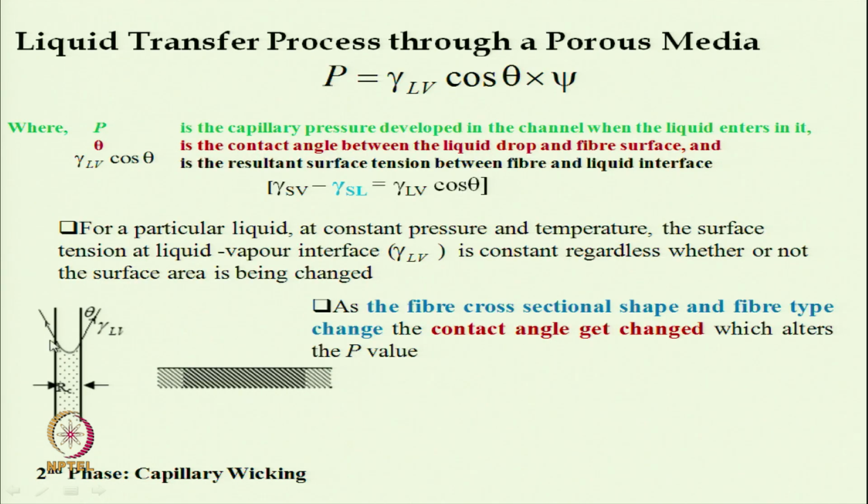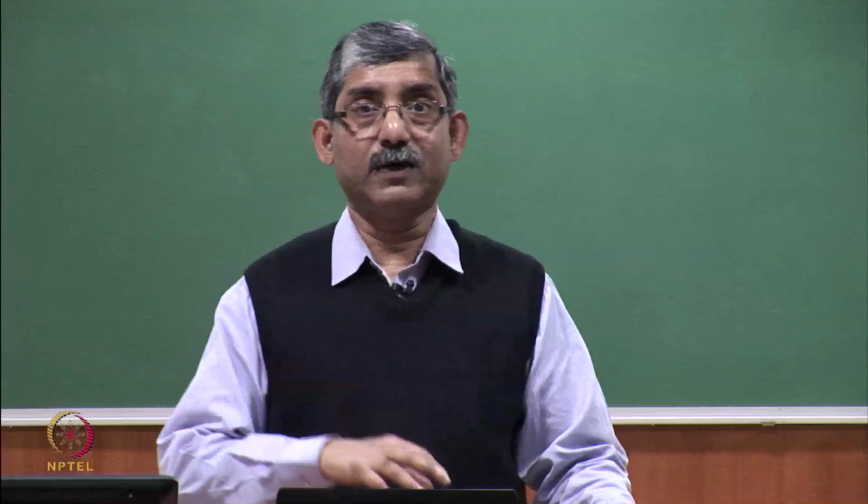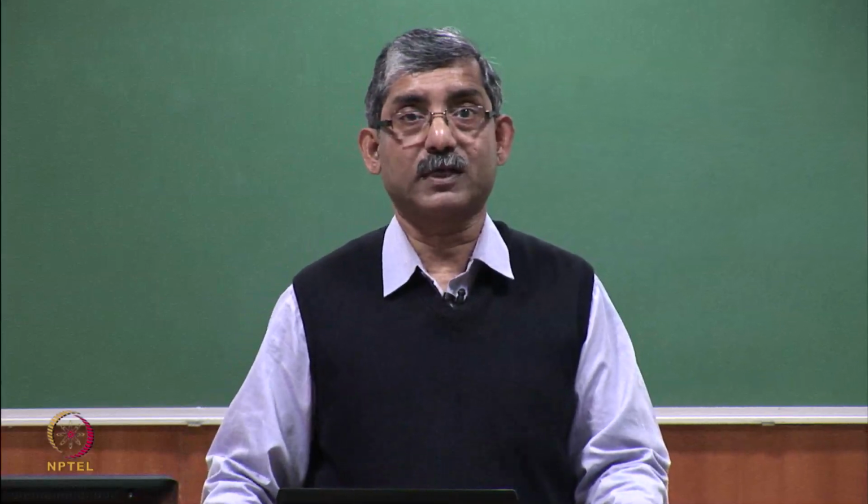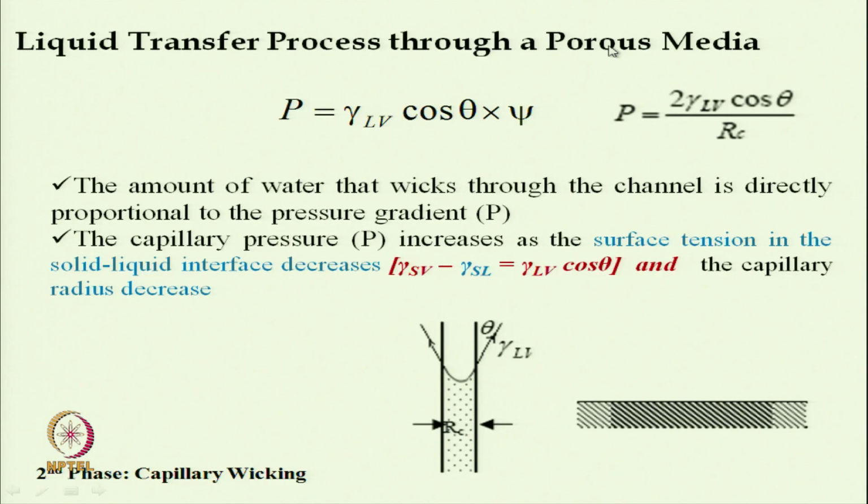The picture shows here, as the fiber cross sectional shape and fiber type changes, the contact angle changes, which actually affects the pressure. So, to control the capillary pressure, we can select proper fiber and proper fiber cross sectional shape. Here it is showing the same equation.